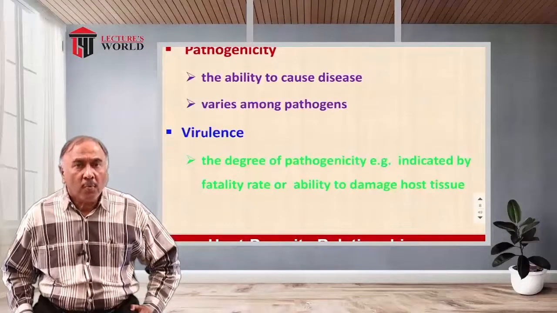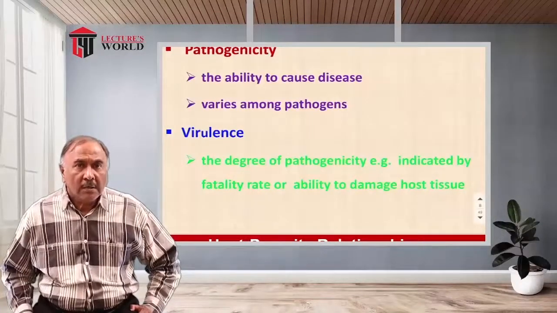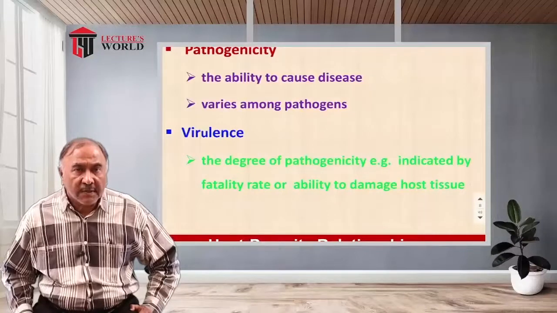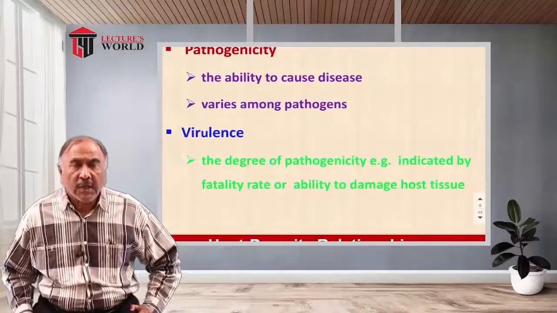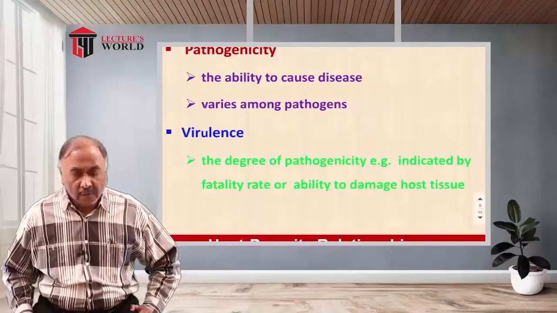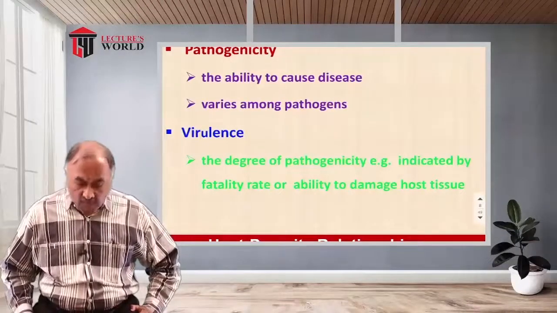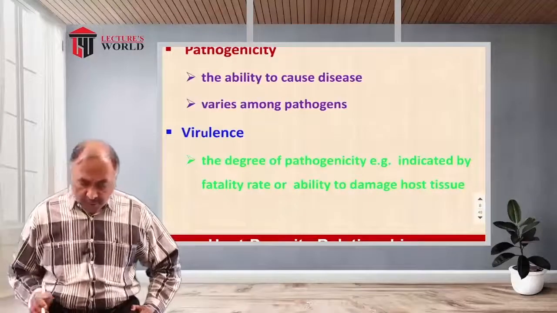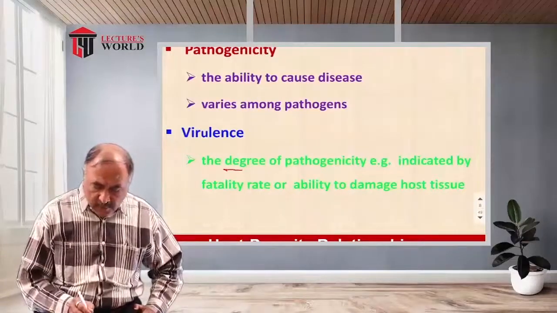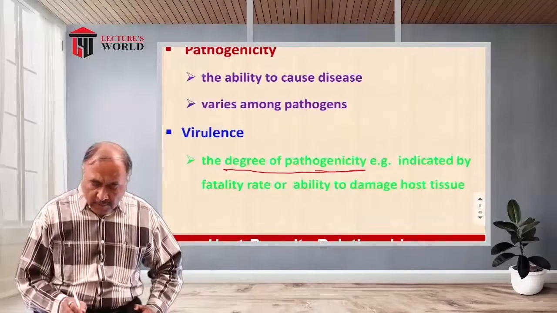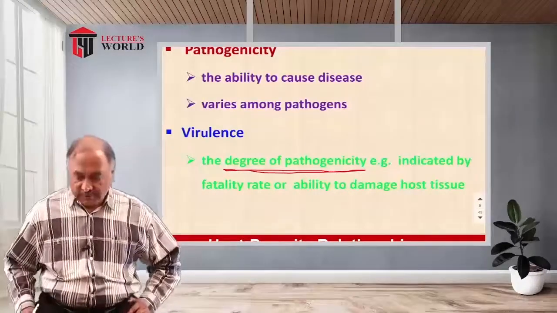How seriously that pathogen is able to damage the host is known as virulence. So it is a degree of pathogenicity. Remember this particular word: virulence is a degree of pathogenicity.